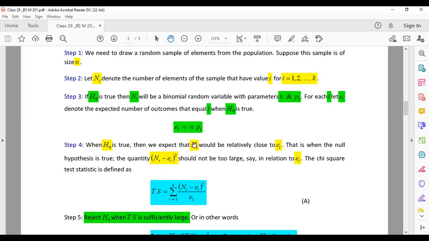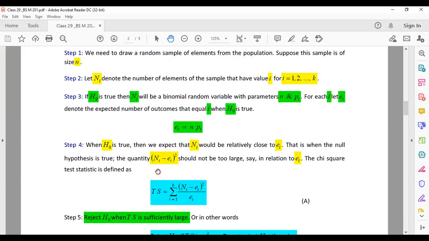Sometimes this capital Ni is less than small Ei, and sometimes greater. So some positive and some negative values may come, and it may happen that your positive values cancel your negative values, so there is a provision of this kind of thing happening, which we want to avoid.